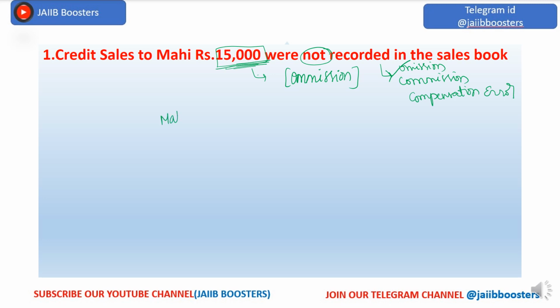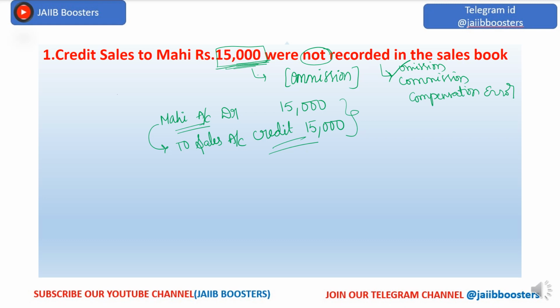Mahi account is debited and sales account is credited with these 15,000 rupees. If some entry has been completely eliminated, then it is an error of omission. Next, moving on to the next question.